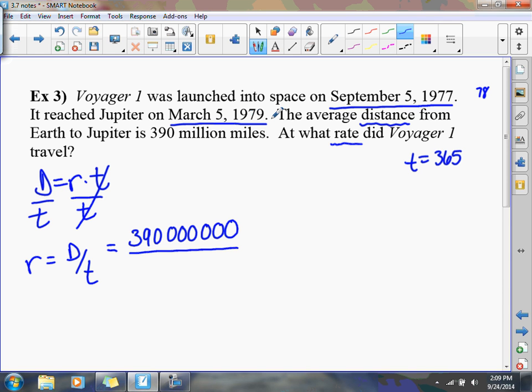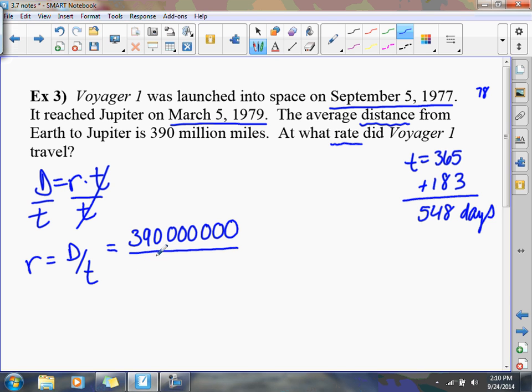So September to October is a month, November is 2, December is 3, January is 4, February is 5, March would be 6. So I'm going to have 365 days for a whole year, and then I'm going to have to add another 6 months or a half a year, which is 183 days. So I'll have about 548 days altogether.